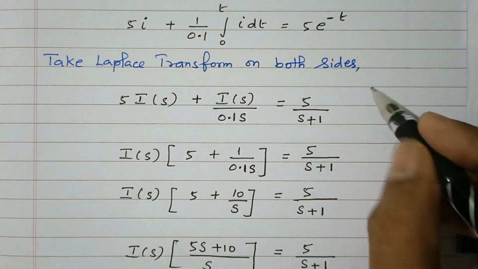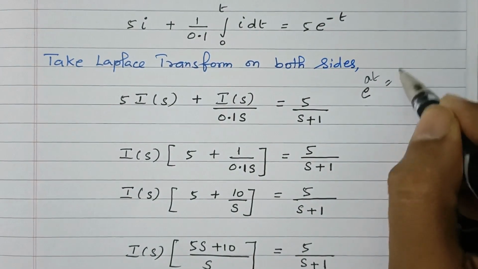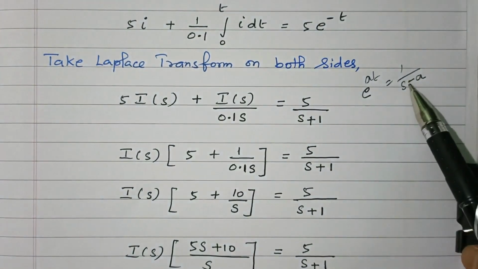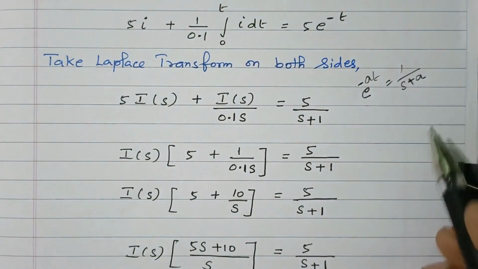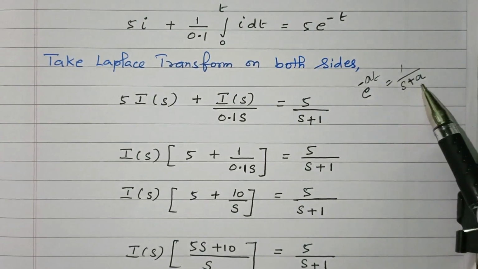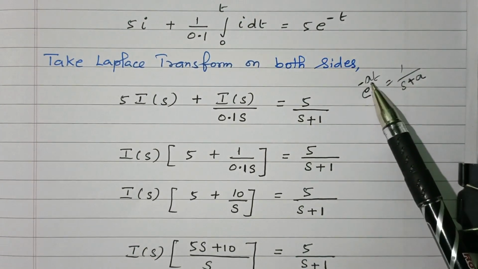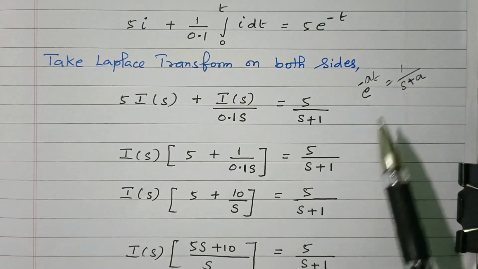Based on the formula, e power at equal to 1 divided by s minus a. Here it is plus, here minus. So e power minus at equal to 1 divided by s plus a. A is nothing but here 1. So e power minus t is 1 divided by s plus 1 based on this formula.